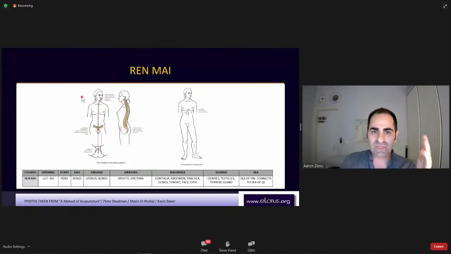Then we went through the Renmai, the channel, the pathway with the Luo connecting area, opening with lung 7, secondary is kidney 6, starting Luo, organs, orifices, influence on genitalia, abdomen, trachea, lungs, throat, face, eyes. Basically, the influence will usually be according to the location of the pathway.